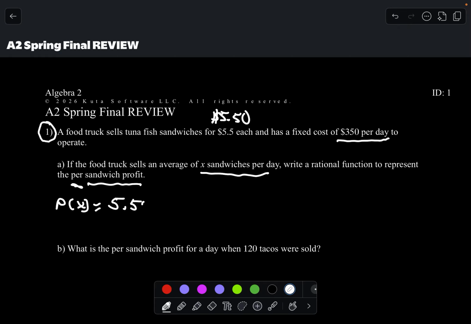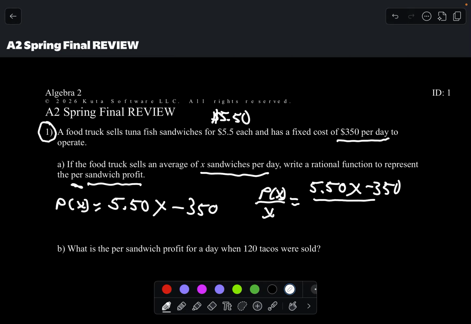So it'll be $5.50 times the number of sandwiches you sell, minus the daily charge of $350. All right, that would be the profit. And if you want it per sandwich, that's going to be P of X divided by X, where X is the number of sandwiches. So the expression you're supposed to write is 5.50X minus 350 over X.